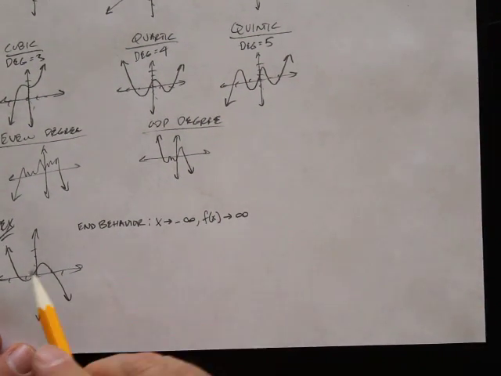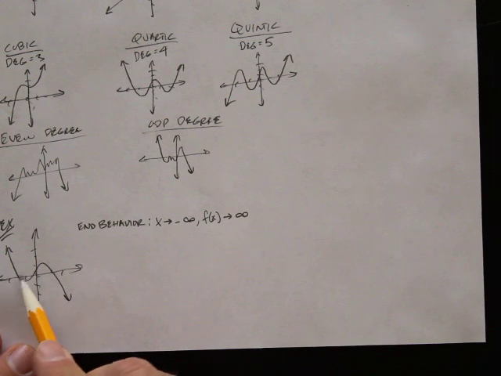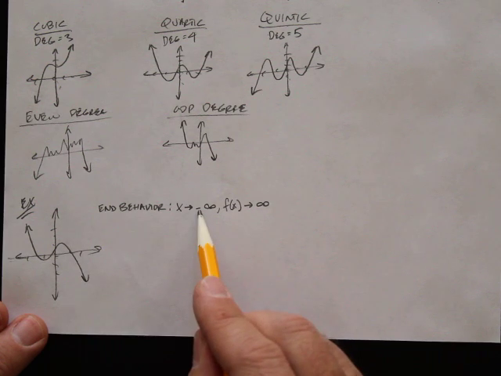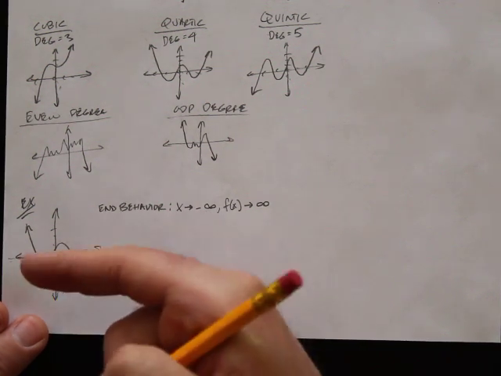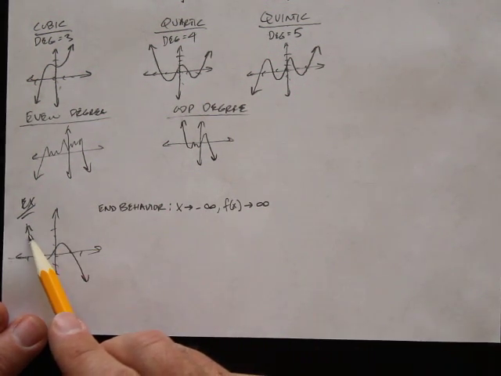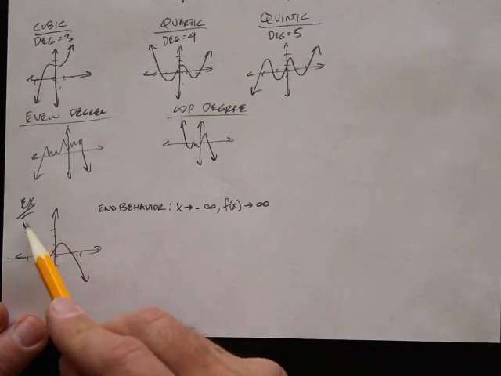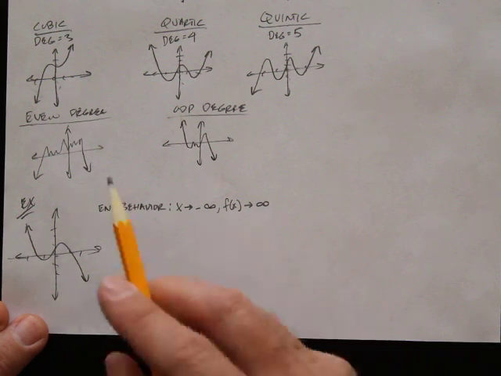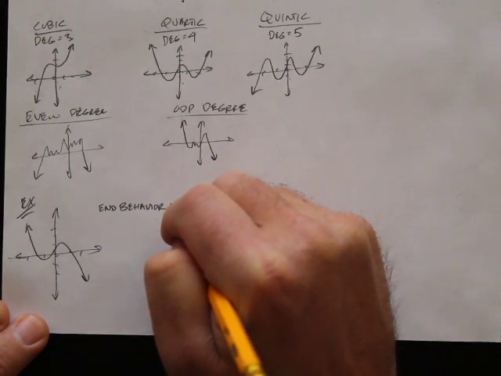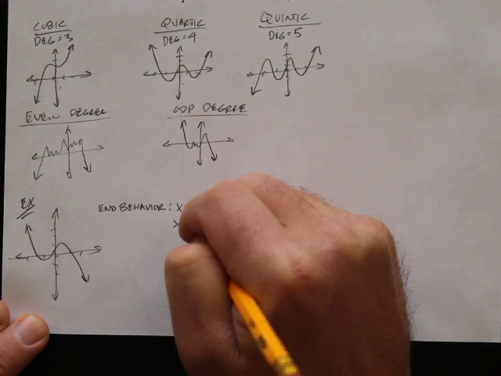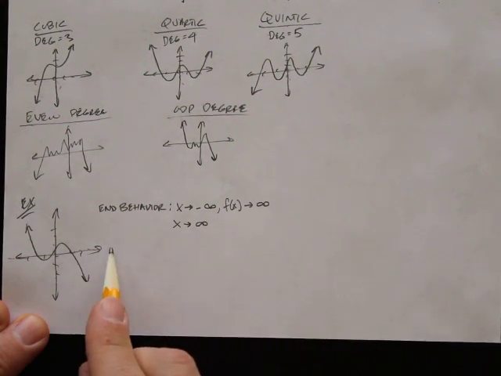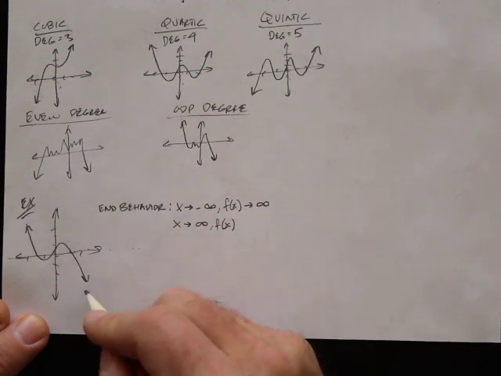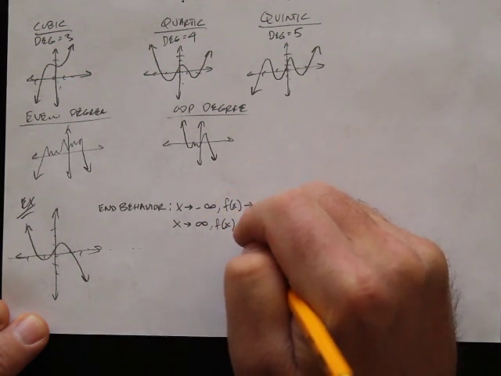And here's what I mean by that. If we start plugging in x values that go to the left, toward negative infinity, then f of x, or my y values, are going to be going up and up and up to positive infinity. When x is going to positive infinity, so if we were to plug in x values going to positive infinity, then f of x, or my y values, are going to negative infinity.